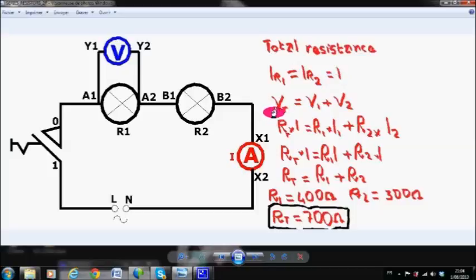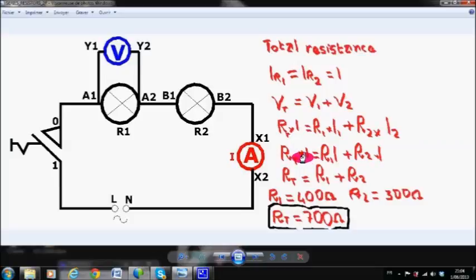And we know that the total voltage is the sum of the two voltages as we get two resistors in our circuit. So Vt equal V1 plus V2, and so RT times I, which is Vt, equal R1 times I1 plus R2 times I2.